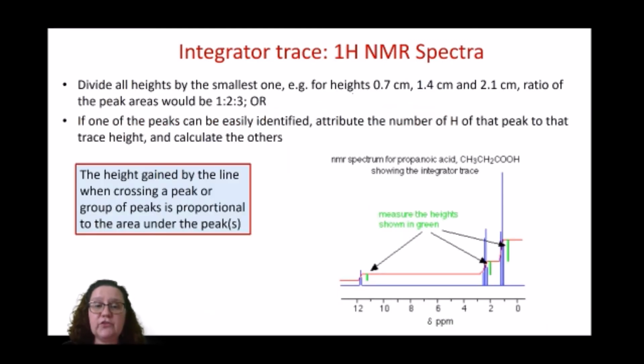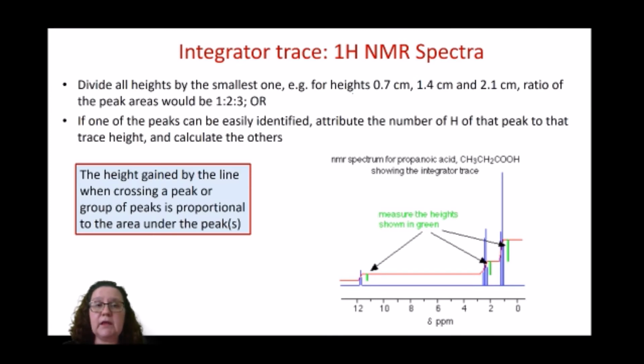If you look at this NMR spectrum of propanoic acid, it has 3 clusters of peaks, and they have different areas. The height of those lines that appear in green in the slide tells us how many hydrogens are represented in that particular peak.